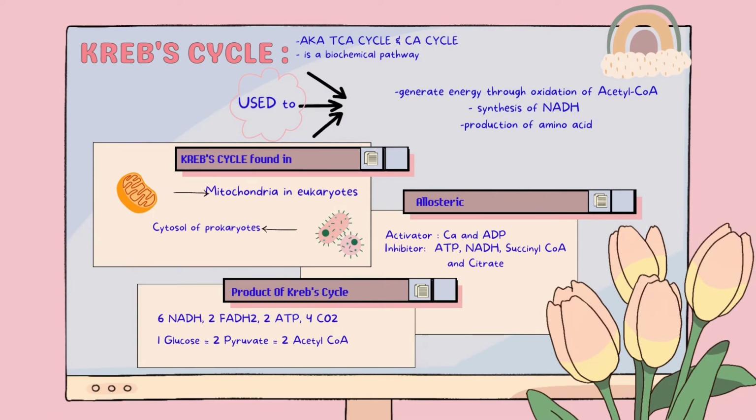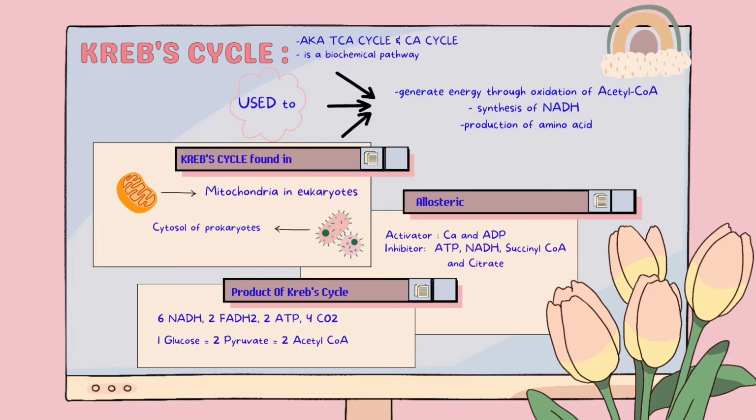Next is the Krebs cycle. The Krebs cycle, also known as the tricarboxylic acid cycle and citric acid cycle, is a biochemical pathway used to generate energy through oxidation of acetyl-CoA, synthesis of NADH, and production of amino acids. The Krebs cycle takes place in the mitochondria in eukaryotes and the cytosol of prokaryotes.